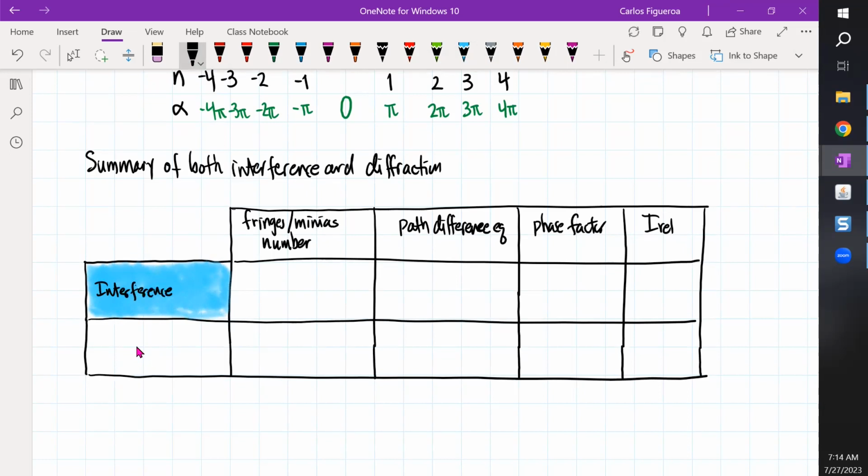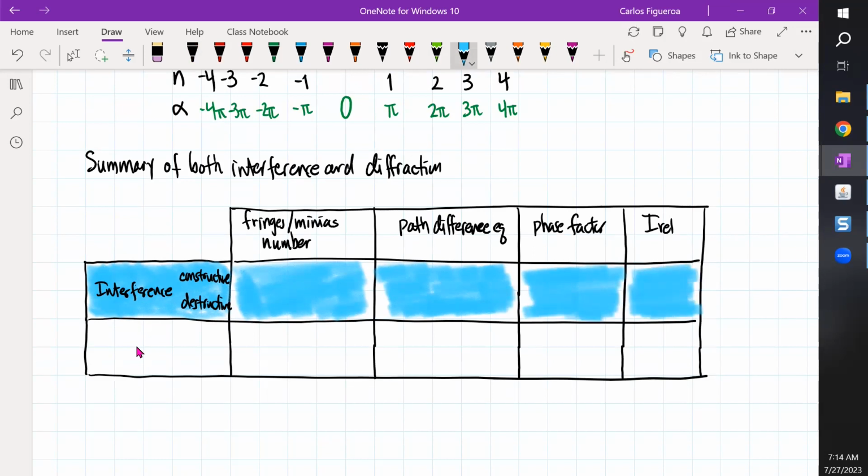And we separate constructive from destructive. Everything in blue here is going to be interference, as I've already stated here. So let's go put this together.